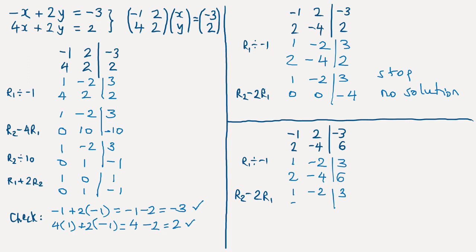To get a 0 here, we're going to take the second row and subtract 2 times the first row, so we get 2 minus 2 times 1, which is why we get 0 here. And then for the second column, we've got minus 4 minus 2 times minus 2, which is minus 4 plus 4, which is 0. And then on the right hand side of the line, we're going to have 6 minus 2 times 3, which is 6 minus 6, which is 0.